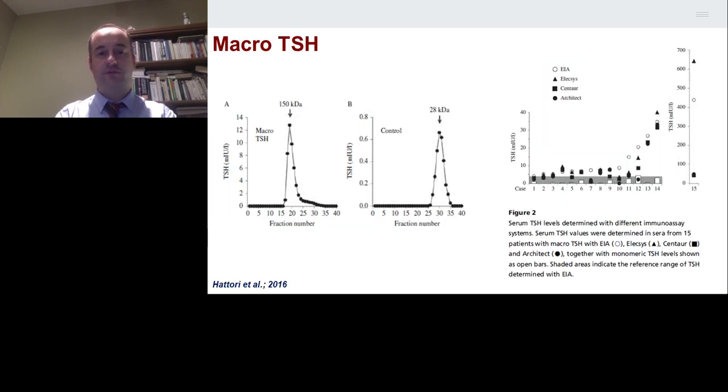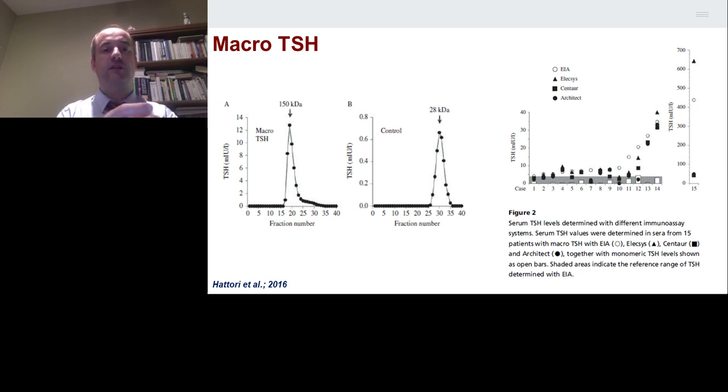The first one is the macro TSH, so macro immune complex with immunoglobulin and TSH. So you can have falsely increased TSH value, and the solution that we have to detect it, like for the prolactin and the suspicion of macroprolactinemia, is the pre-treatment of the sample with polyethylene glycol.